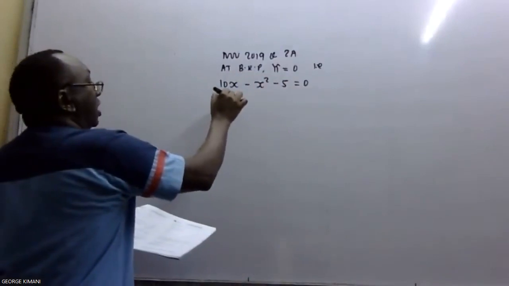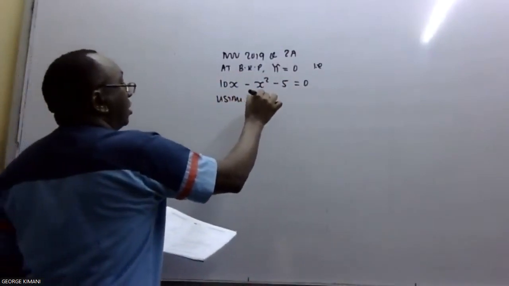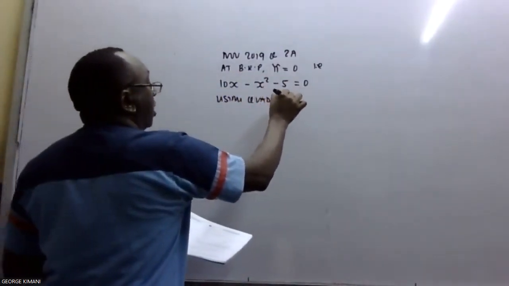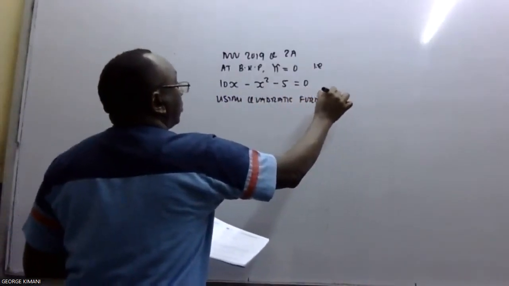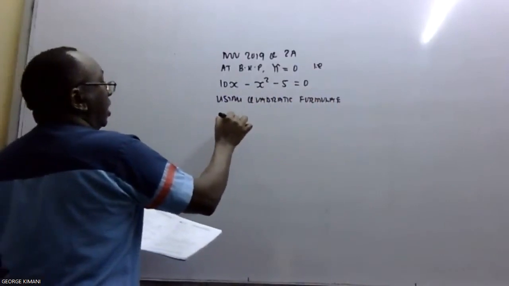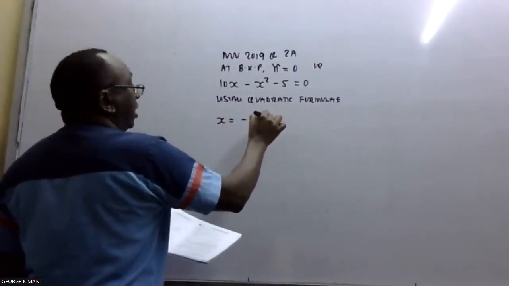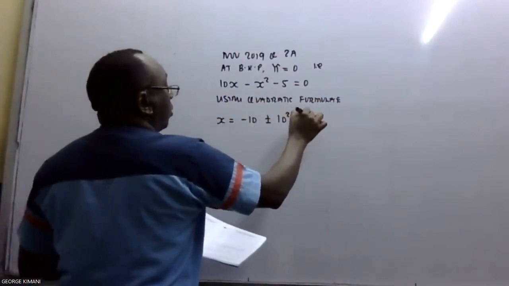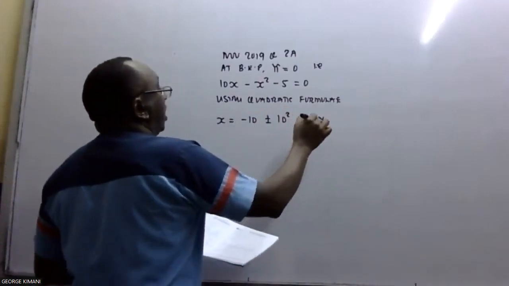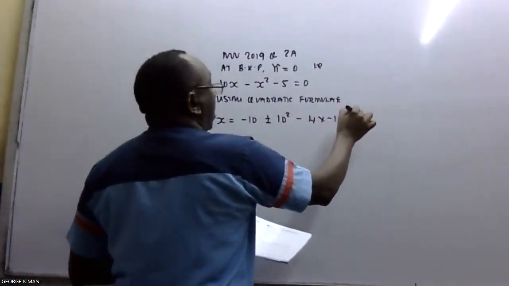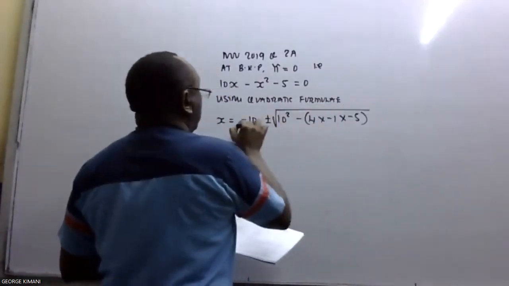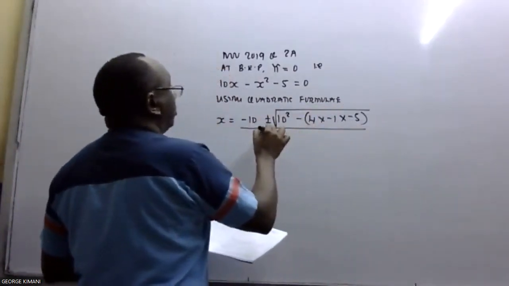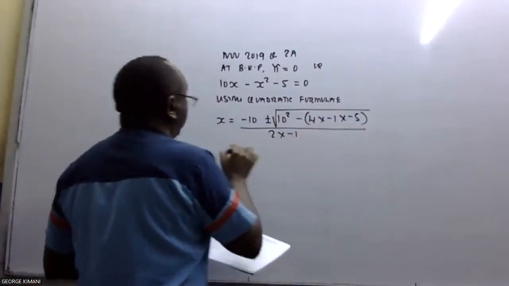So using quadratic formula, x will be minus 10 plus or minus the square root of 10 squared minus 4 times a, which is minus 1, times minus 5. You divide this by 2 times minus 1.